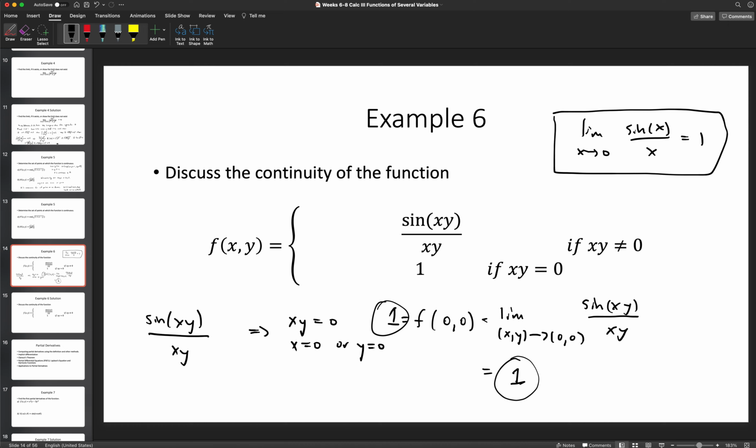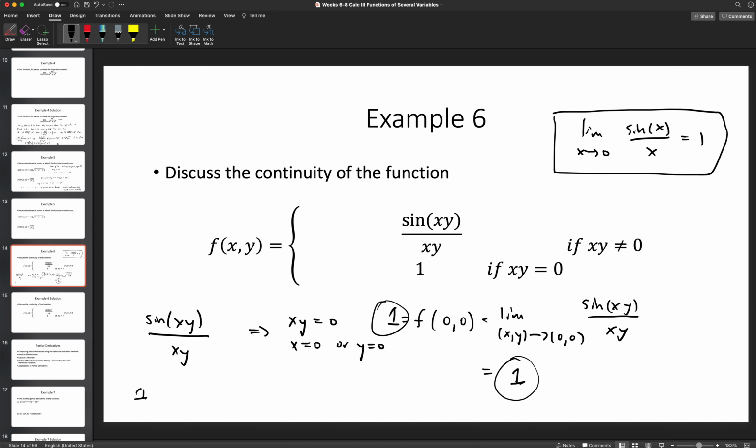Now what about if just one of the two is 0, say if x is 0 or y is 0? Then you'll be in the second case here, and you'll still get 1 on this side.